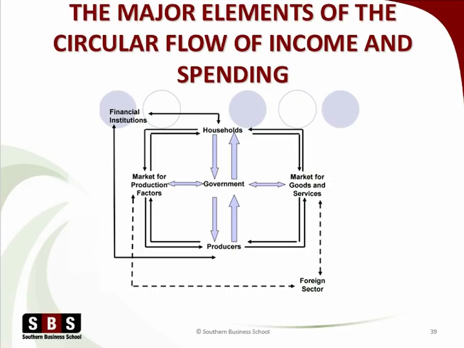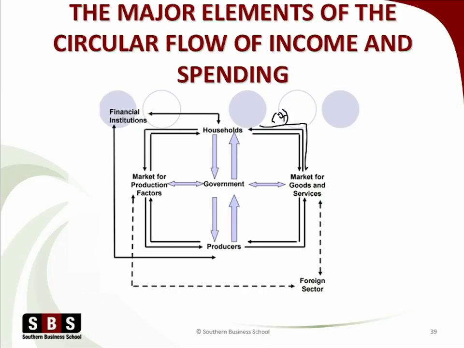Say for instance, you may be asked about that arrow on the outside. Say for instance, this arrow will be given A, and then you're going to be given the diagram, and you're going to be asked, what does A stand for? And then you'll say that it's the flow from the market for goods and services to the household.